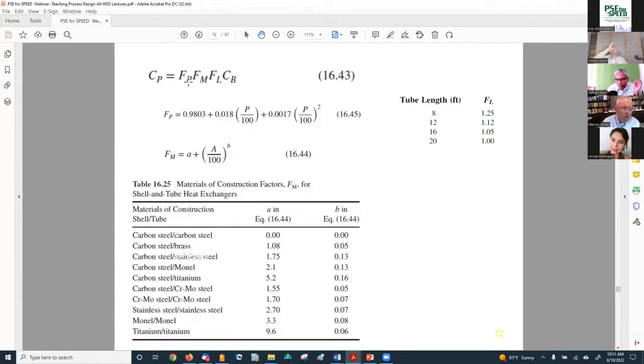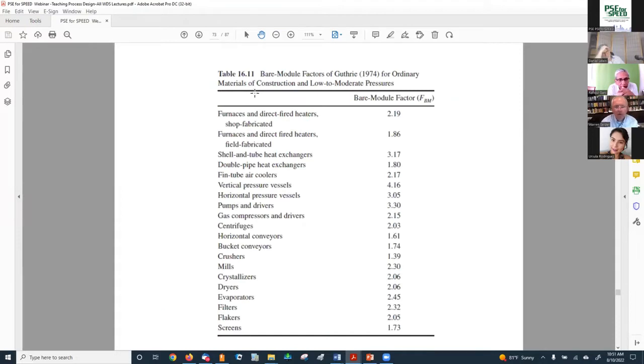If the pressure is greater than 100 psig, we have an equation like this that gives us the pressure factor. If the materials are different than carbon steel, we have a materials factor. If the tube length is different than 20 feet, we have a tube length factor, and you multiply by those factors. I'll skip through this.